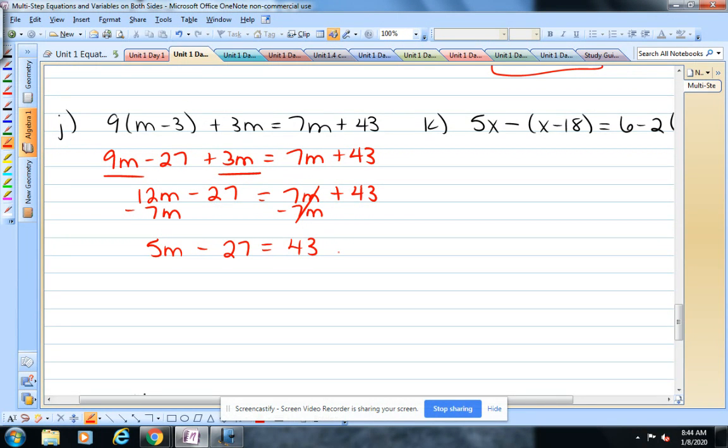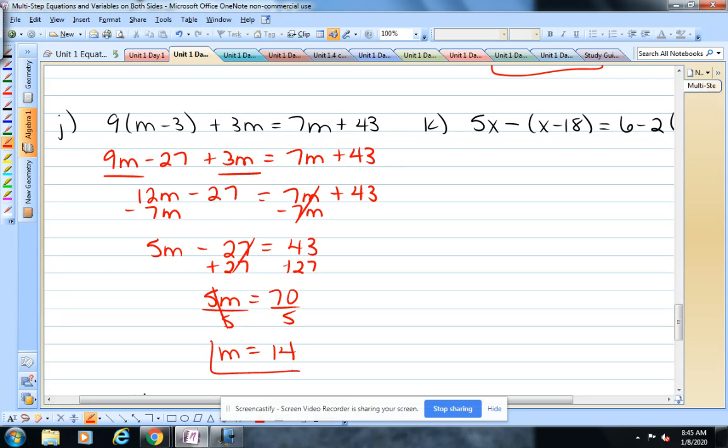Now I'm finally down to where I only have one variable. So all I have to do is clear everything away from that variable and solve for it, okay? So now what can I do? Add 27 to each side. So 5m equals 70. And then what? Divide by 5, and m equals 14.